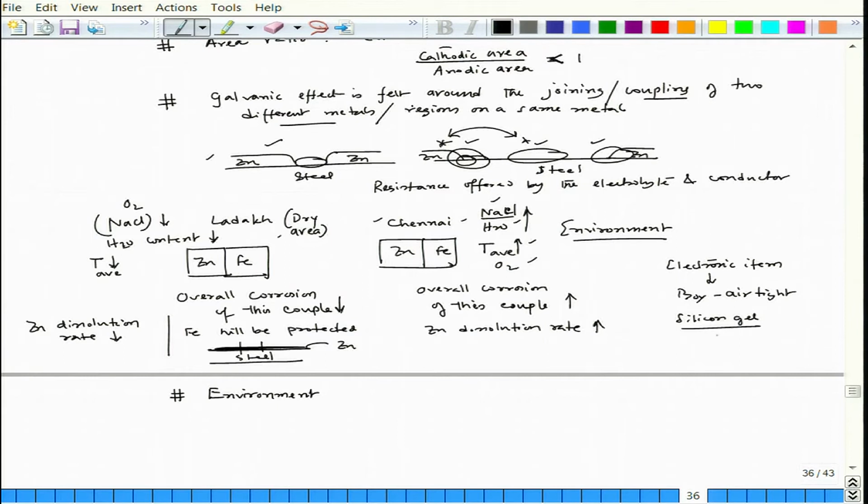Silicon gel takes care of moisture, and airtight means oxygen cannot ingress into the system where the packing is done.